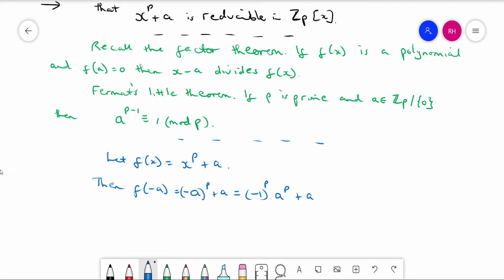Now, I'm going to just do the case where the prime is odd, which is all the primes apart from 2. I'll worry about 2 later.